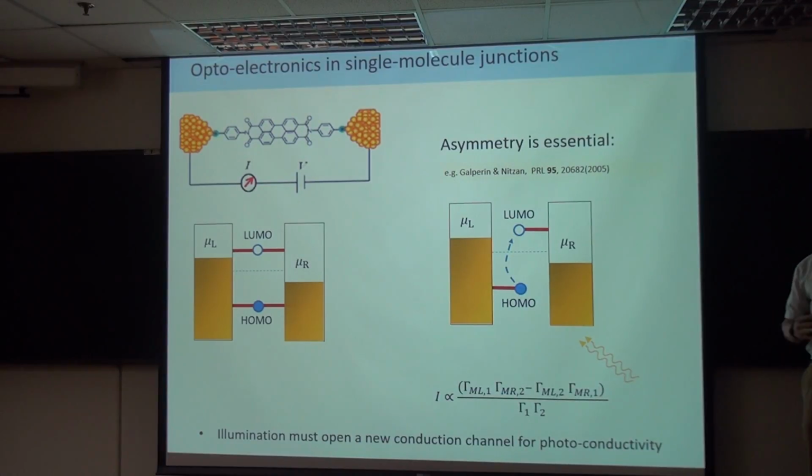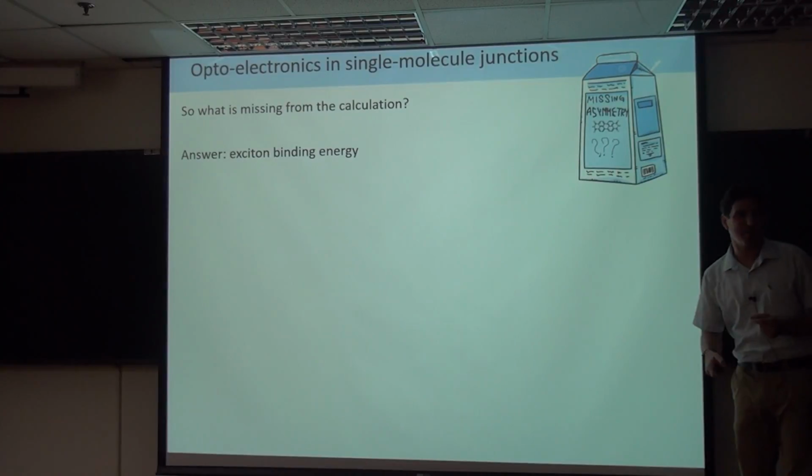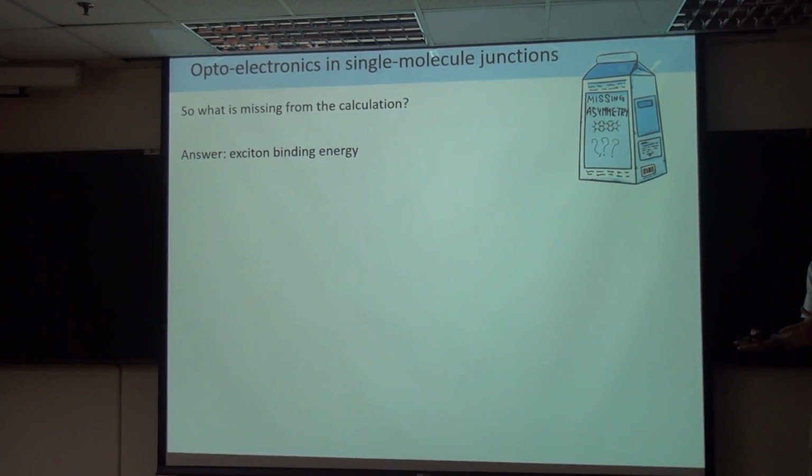So this is the most asymmetric case. Now, the more symmetric you make it, the less this effect becomes important, until when the system is perfectly symmetric, you expect 0 photoconductivity. So what's the missing ingredient? And this was bugging us for a long time, because we went to the paper by Galperin and Nitzan.